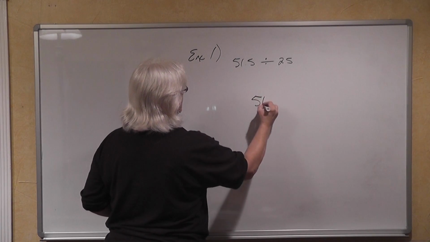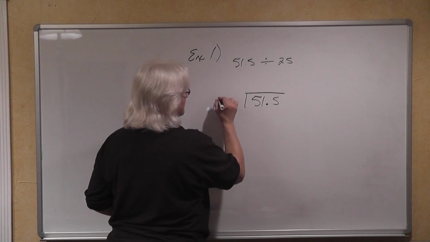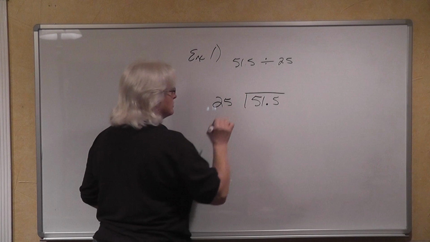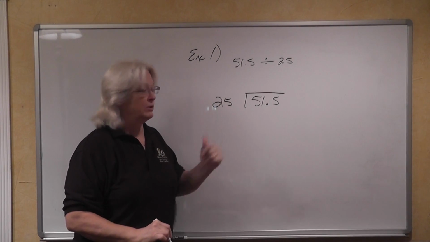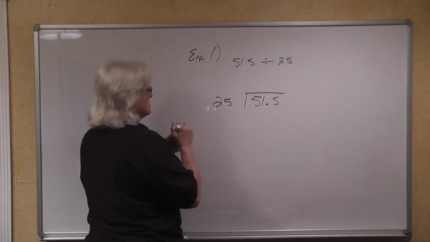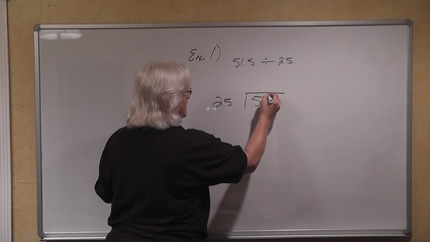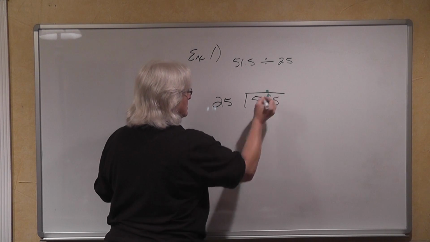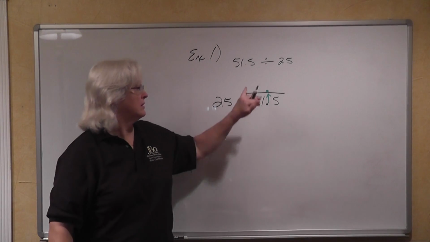So we're going to do 51.5 divided by 25. We're dividing by a whole number. When you divide by a whole number, all you do is move your decimal point straight up so that the location is directly above it in the quotient.